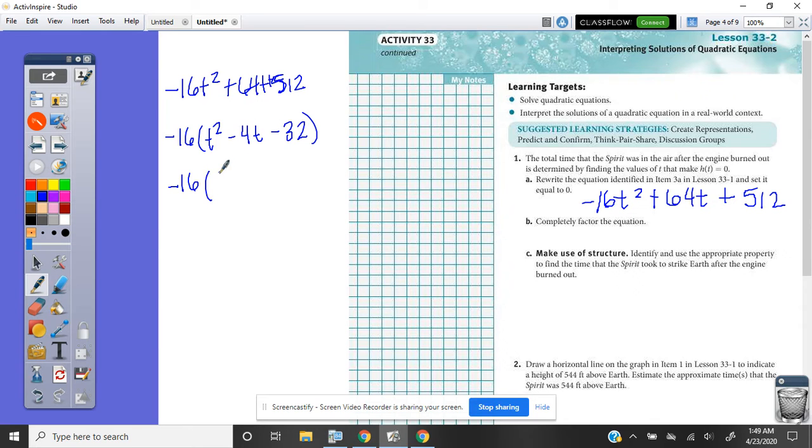So that would be t minus 8 and t plus 4. So 4 times negative 8 is negative 32. Negative 8 plus 4 is negative 4, and then t times t is t squared. So that's just a quick run-through way to check. But I obviously would have my linear term with the middle, so that would be your positive 4t and the negative 8t.